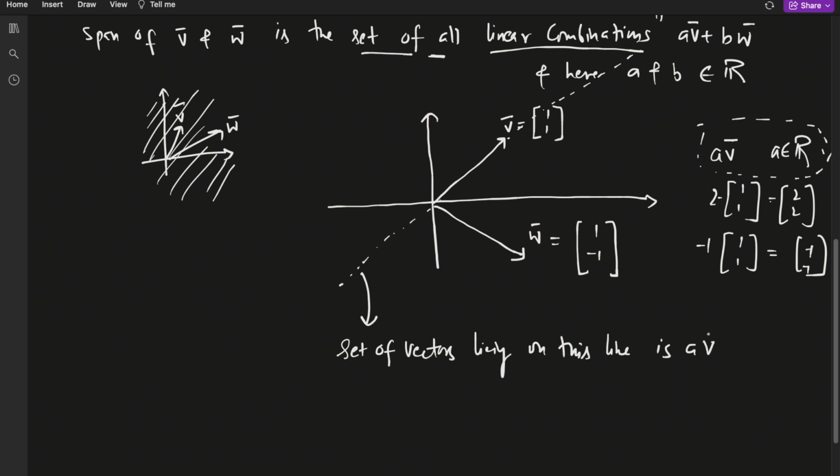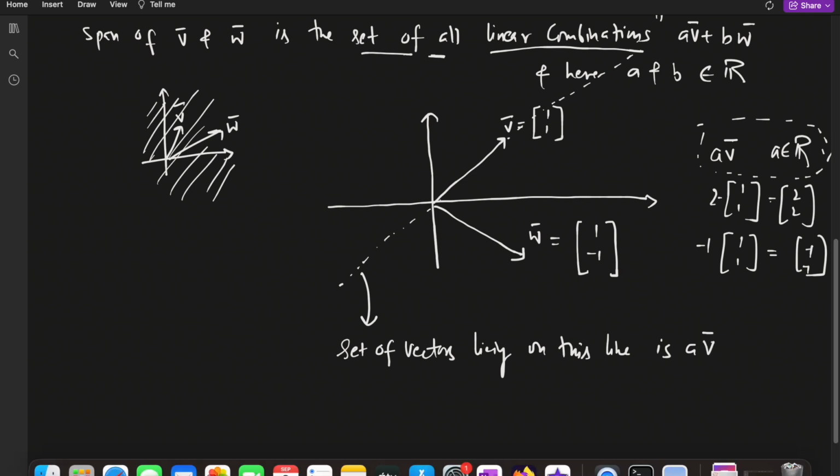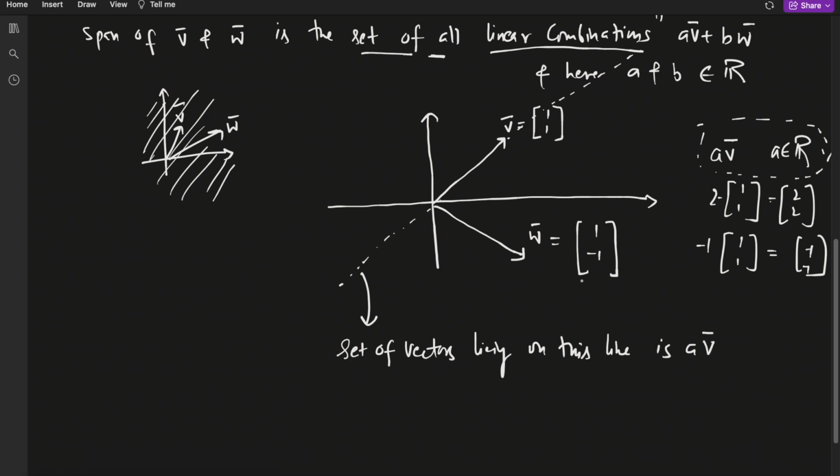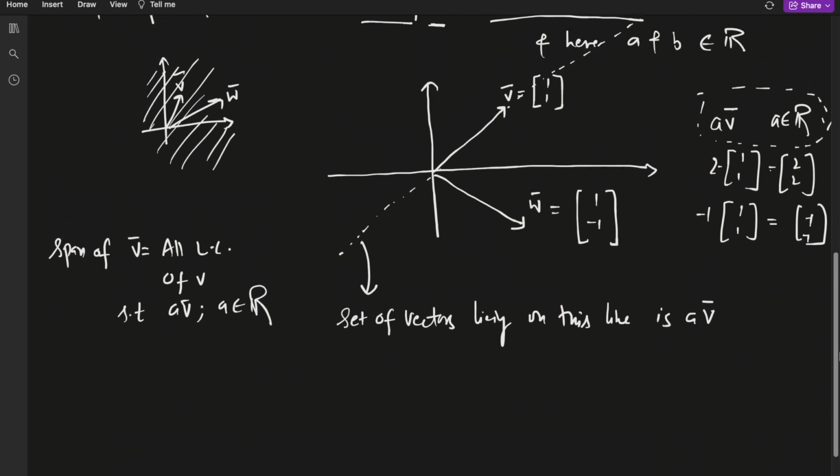Now if you see, the span of vector v is nothing but a line. It's just a line, because what is the span of v? Span of v is all linear combinations of v, such that av where a belongs to real numbers.